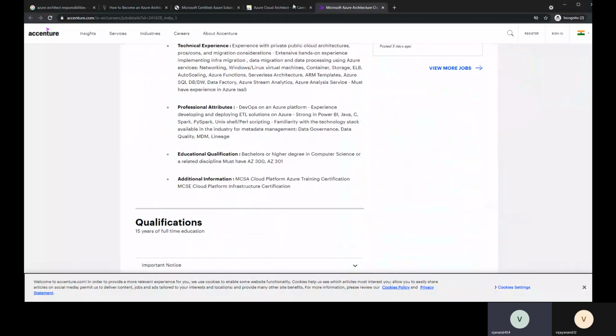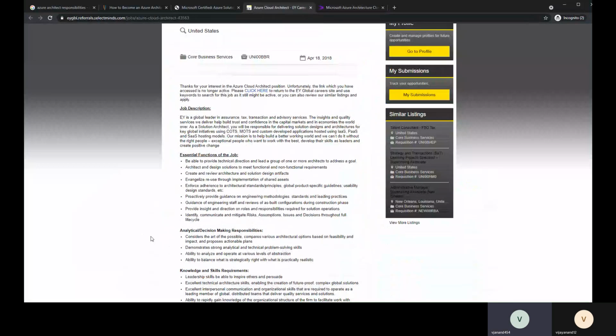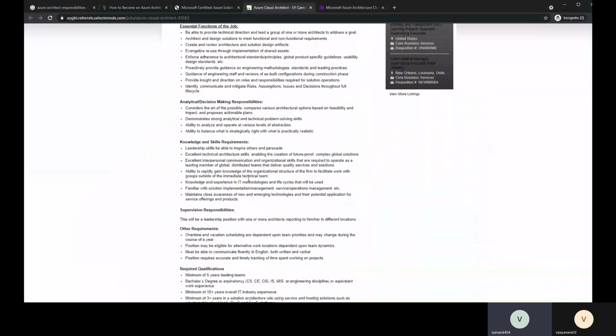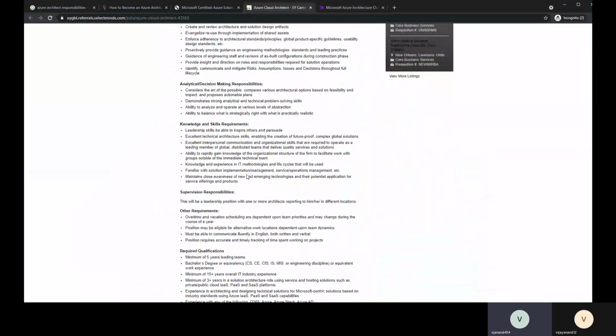These are some of the key roles and responsibilities that an Azure architect should possess. And the key knowledge, skills and requirements.